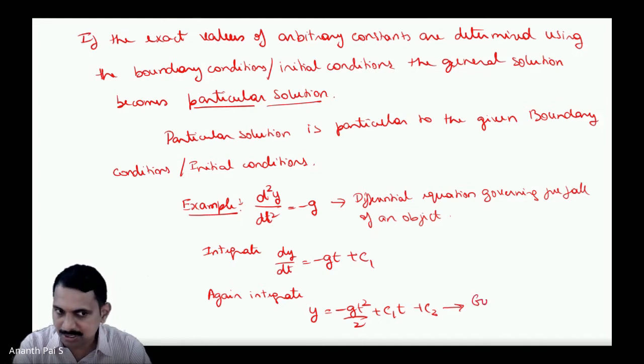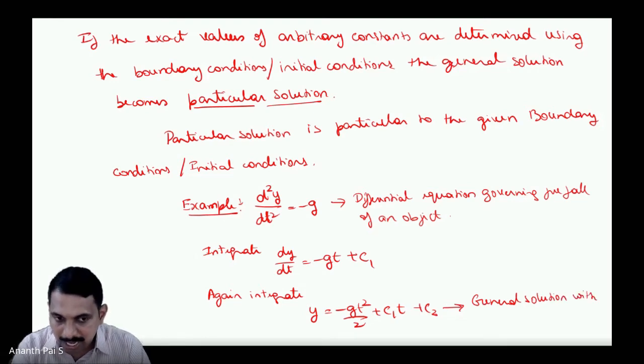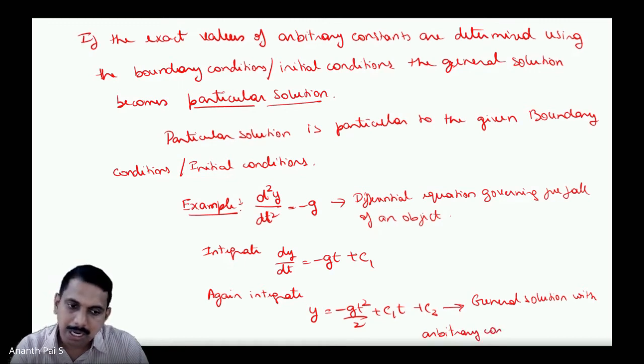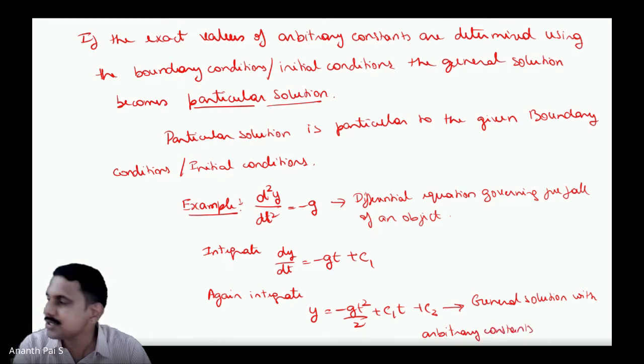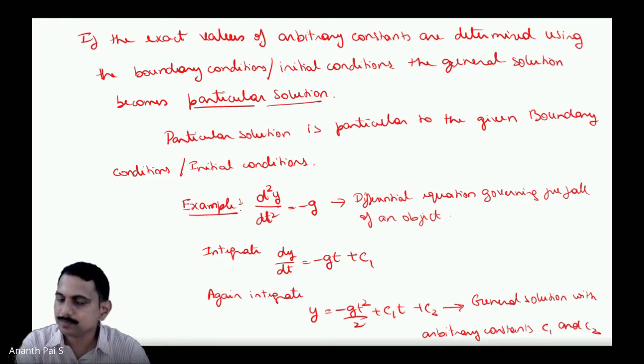This is called the general solution with arbitrary constants C1 and C2. Now, what does that mean? That is understood further. Just like that, the governing equation we have is not enough. You have to understand it further.